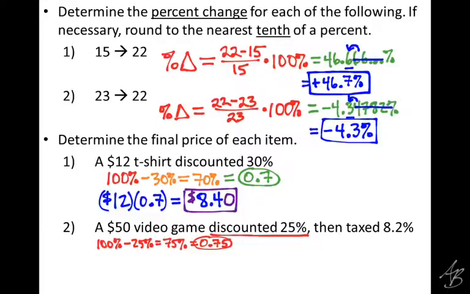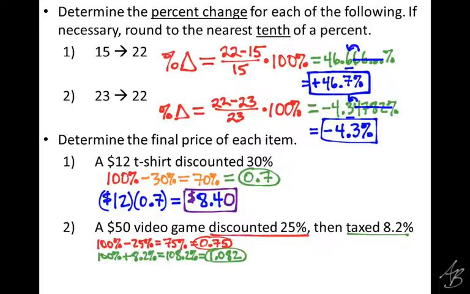And then same thing, but with the tax, we're going to start at 100%. Tax is going to make the price go up or down? Up. So we're going to add the tax. 8.2% gives us 108.2%, which as a decimal is 1.082.